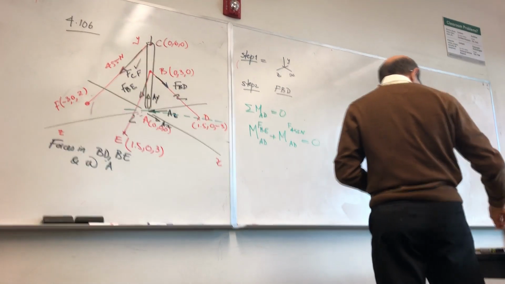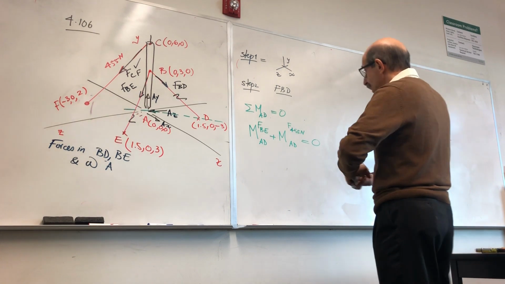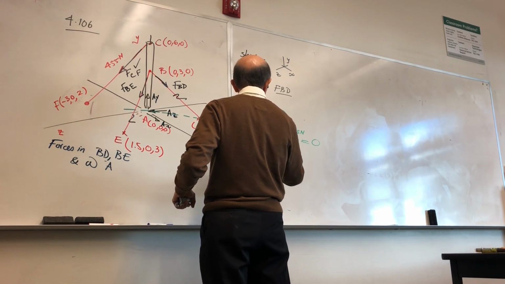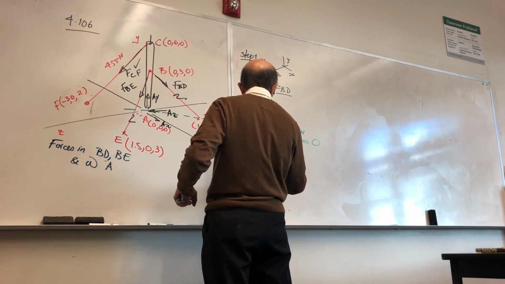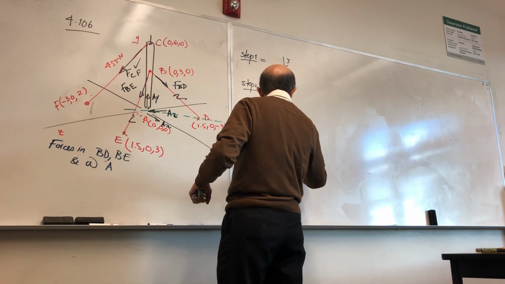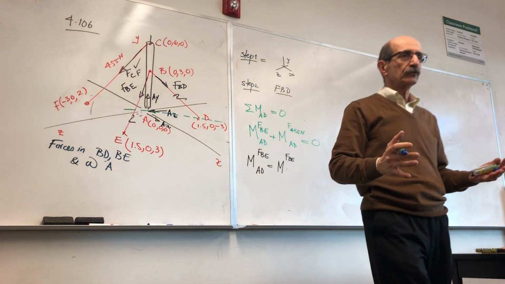But you need to set this up step by step. So what do I mean by that? Moment of force BE about AD is what? What is the moment of a force about an axis?